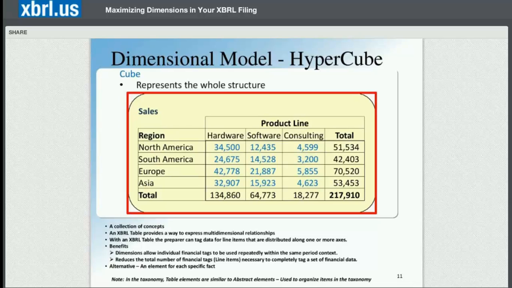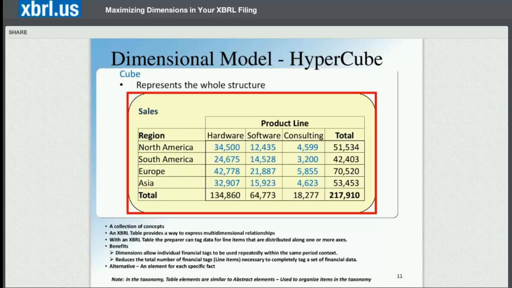And tables. When I speak about tables, I usually refer to them as abstracts on steroids. They do not themselves tag data, but the table, since it has a collection of related information in it, does communicate something that you can infer from the definition or the name of the table.